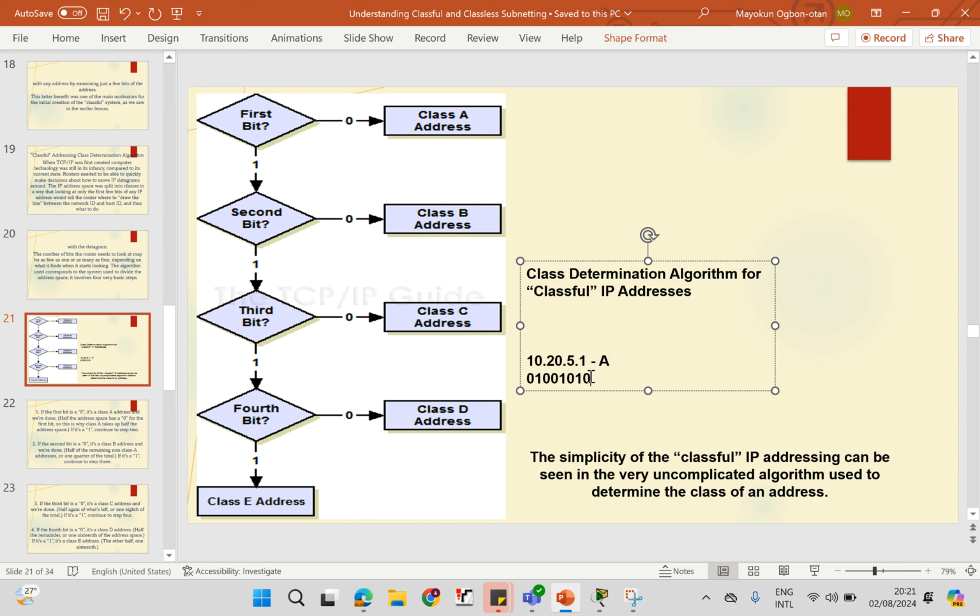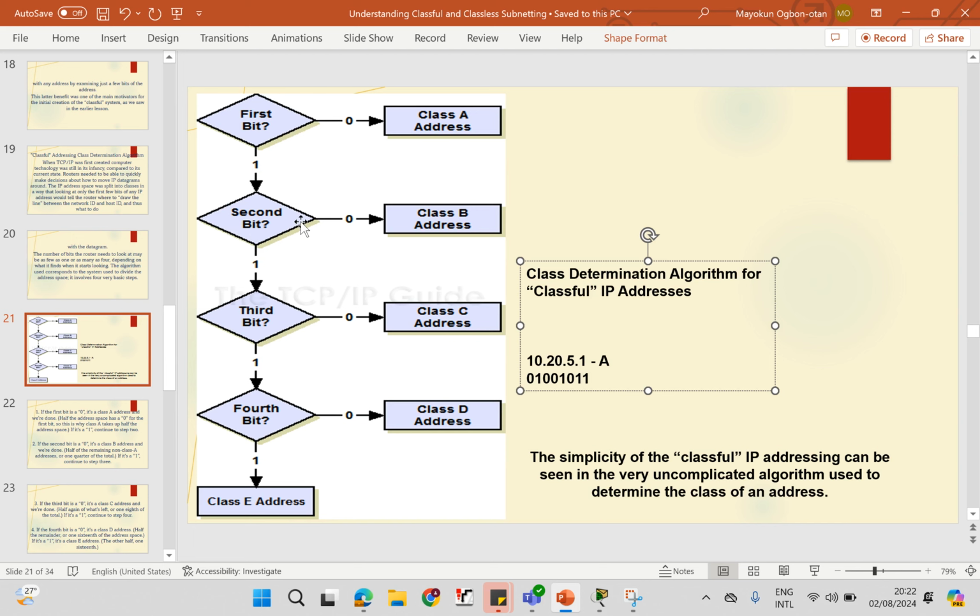But if it is 1, we go and check the second bit. If second bit is 0, it is class B. Hence, go to the third one. So you will see, if first bit is 0, it is class A. But if it is 1, check second bit.